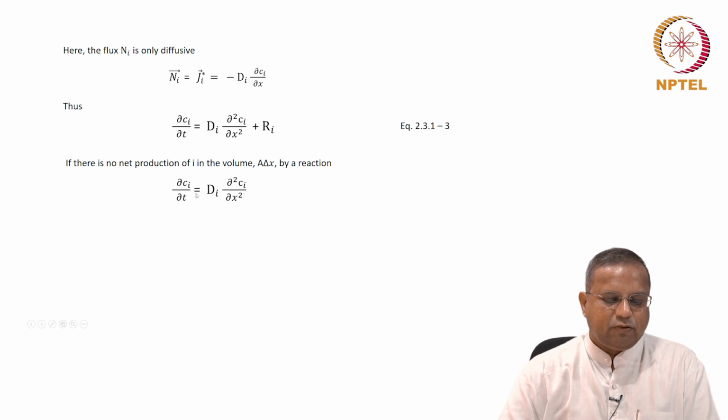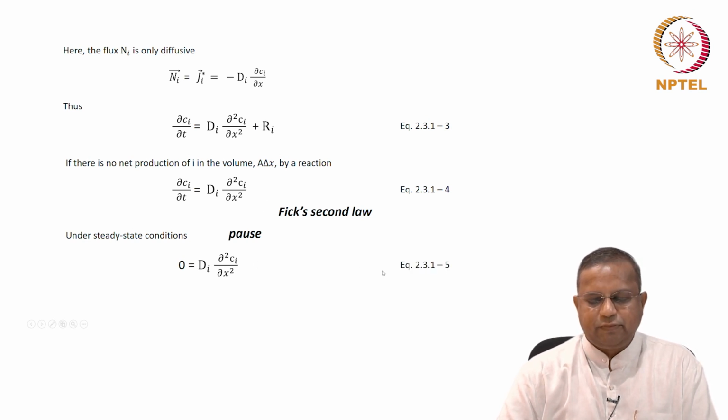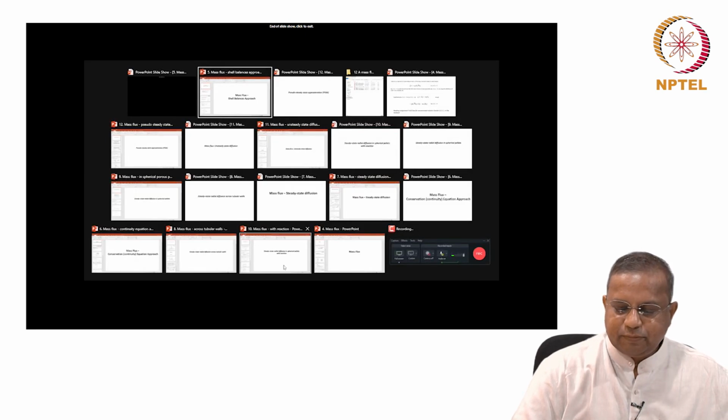And then we derived Fick's second law from this relationship. This is the variation of time and the variation of space, both given in the same relationship here. That's the niceness of it. And under steady state conditions, we get a nice compact relationship using Fick's second law that can be used to analyze it.